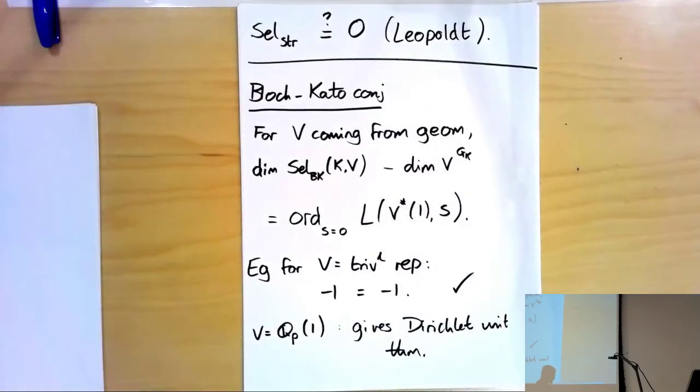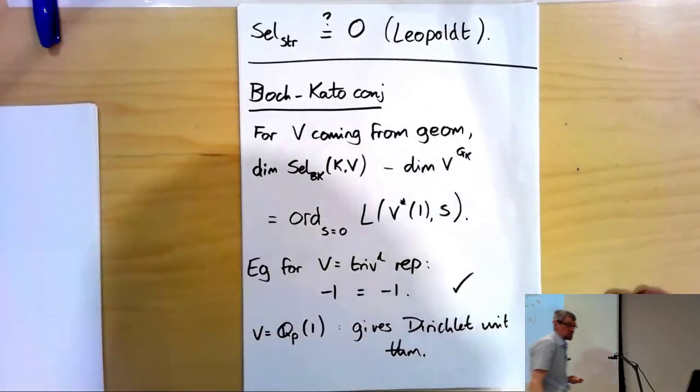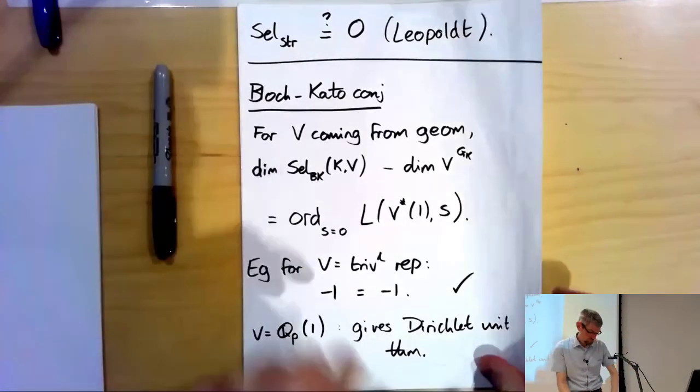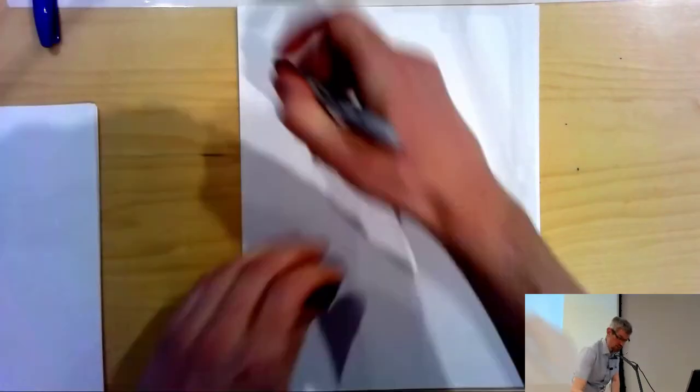And it turns out this conjecture precisely recovers the formula of Dirichlet for the rank of the unit group. So r1 plus r2 minus 1. And for elliptic curves, this is close to, but not quite the same as the rank part of the BSD conjecture.